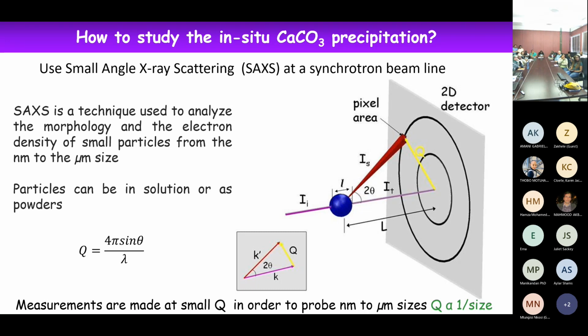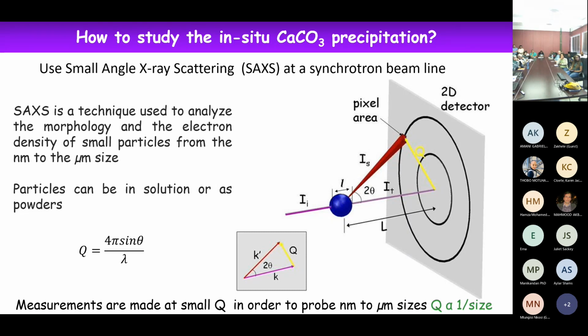So it means that when you are doing those experiments, theta is very small. Since theta is small, it means that you are working at small angle, that's the definition. And it's also something which allows you to probe materials having a size which is inversely proportional to Q. So Q is 4 pi sine theta over lambda.